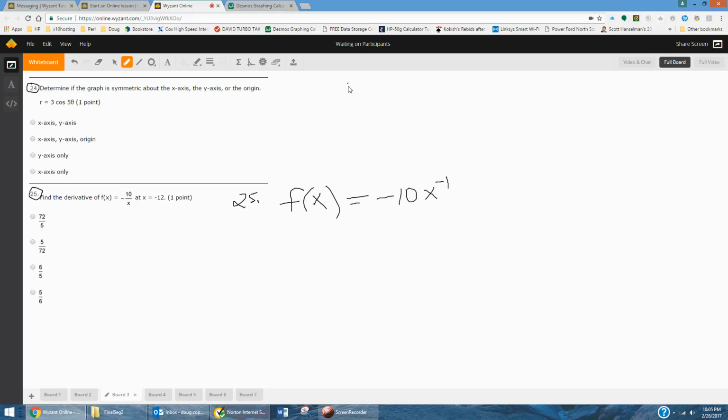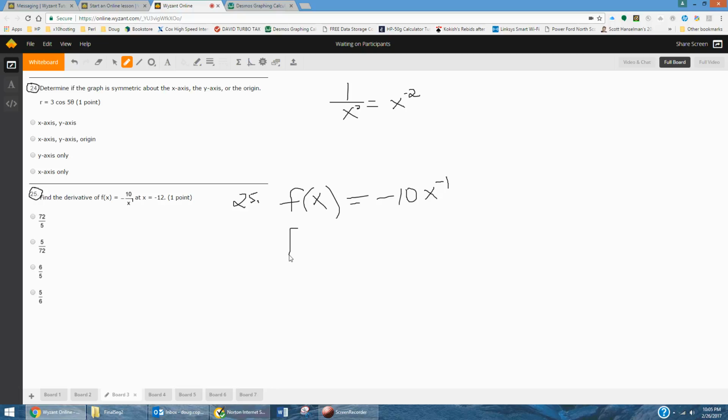Just to review, if you had something like 1 over x squared, that's the same as x to the minus 2. So this has an understood 1 on it. That's why we can write it as x to the minus 1.